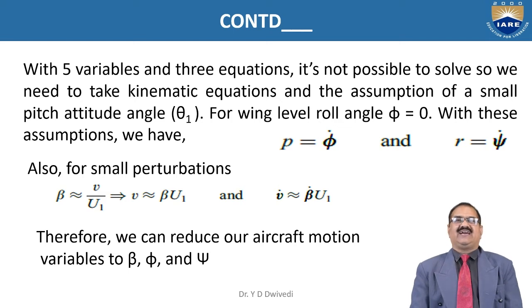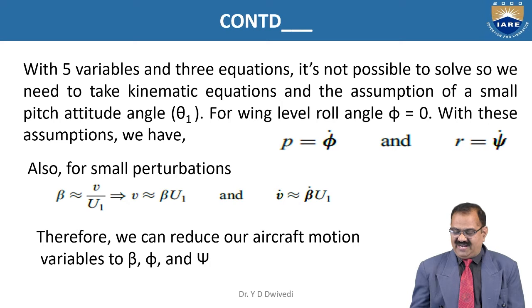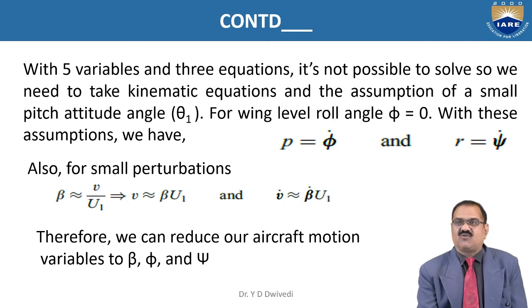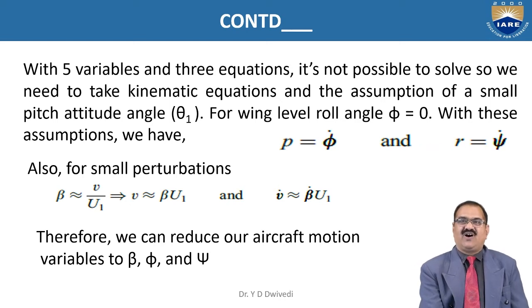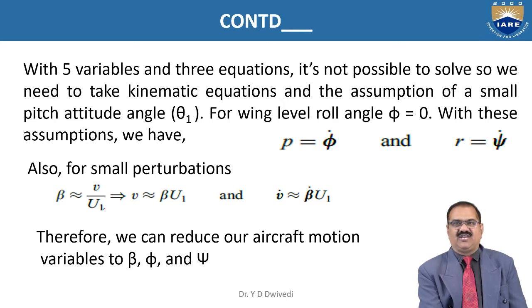So we need to take kinematic equations and the assumptions of a small pitch attitude angle theta1 for wing level, roll angle phi is equal to 0. With these assumptions, we can find that P is equal to phi dot and R is equal to psi dot. Also for the small perturbation, beta is equal to V by U1.